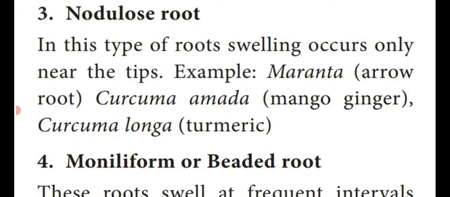That means turmeric, manjal in Tamil, isn't it? They are also storing the food material at the tip only. That is known as nodulous root. That means at the tip of the root, they show a notch or knot-like structure. Those roots are known as nodulous roots.